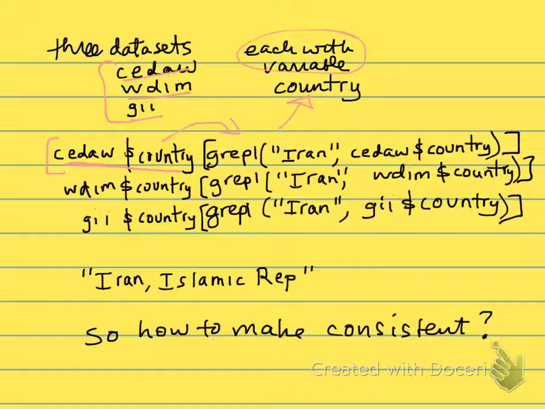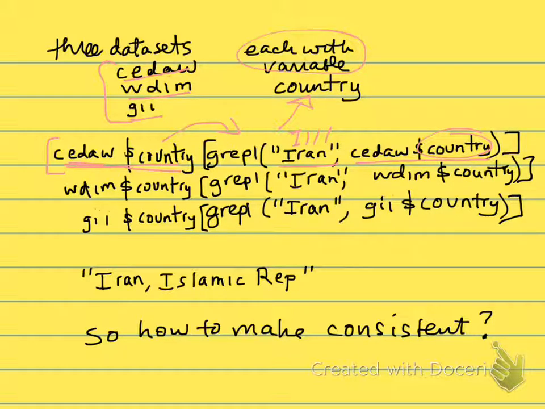The condition is that there's a pattern Iran in the name of the country variable. And if the pattern IRAN, capital I, RAN, is present in the variable country, then R will deliver the value of the variable country for this data set that has that pattern in it.